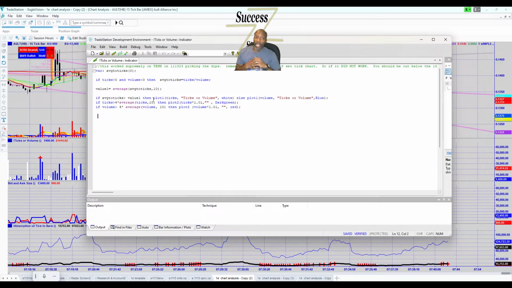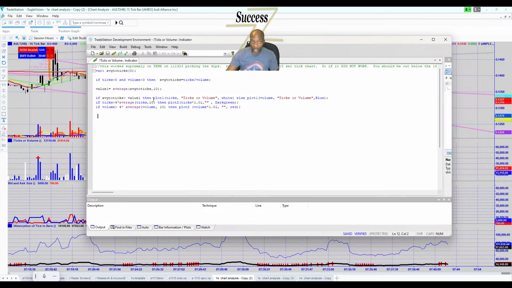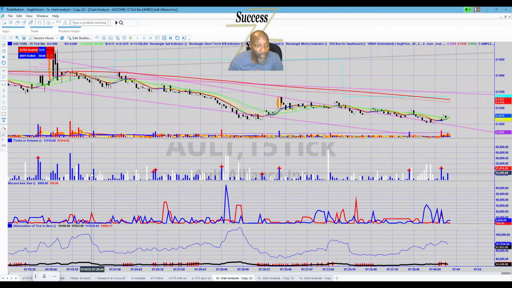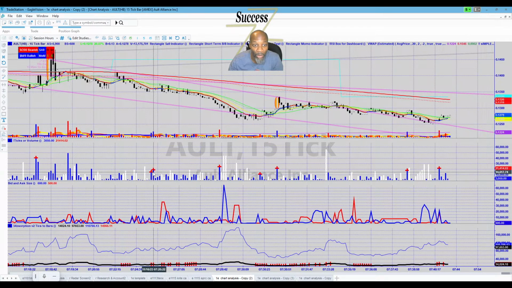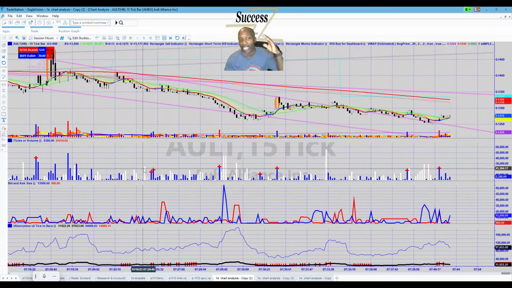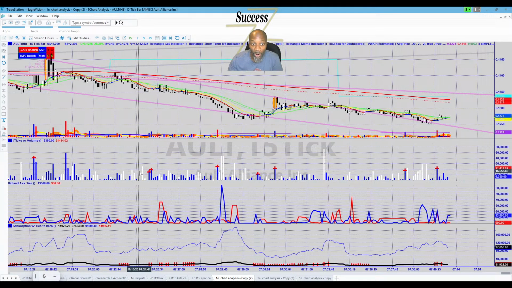So what I did was, if volume gets way above the ratio, this line is blue. If ticks gets above the ratio, that bar is white. If volume is above the ratio, that bar is blue.